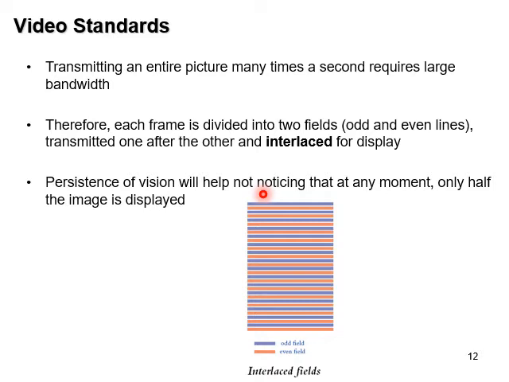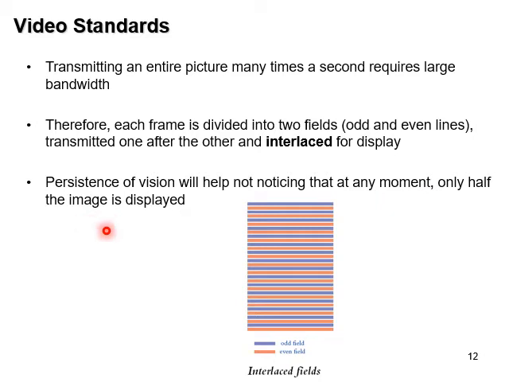So if you think about it, the total amount of data that's being transmitted is half of what it would be if you were transmitting the whole frame. And the good thing is, by receiving only 1/2 of the frame at any time moment, the persistence of vision will help you not notice that at any moment only half the image is displayed.